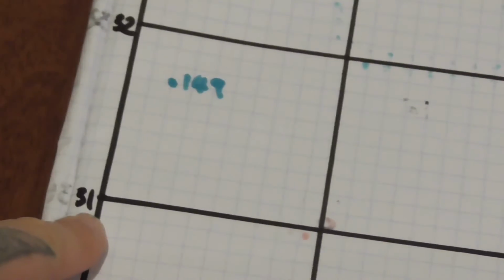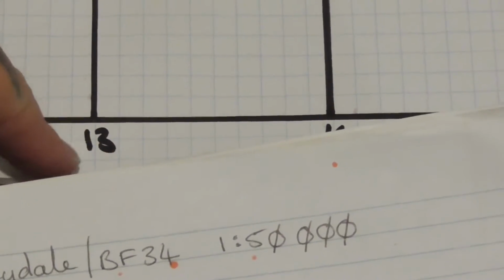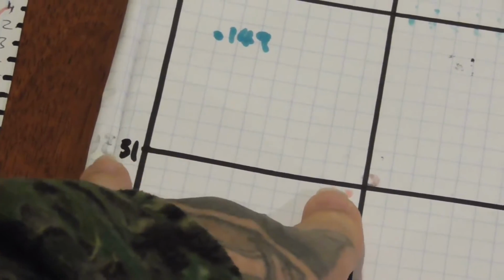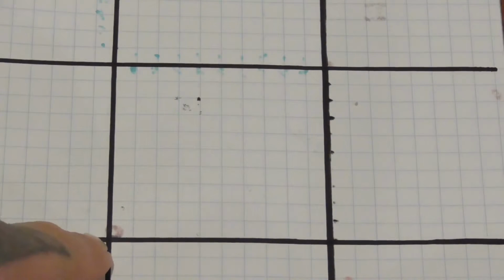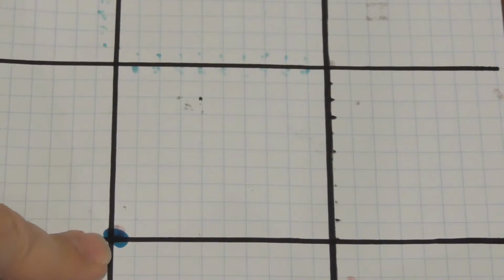So we come across. Here's our 331 here. So we come across, we meet those two up, 1, 3 and 3, 1 here. So we're in this grid square here. All right, so our dot's at the bottom left.